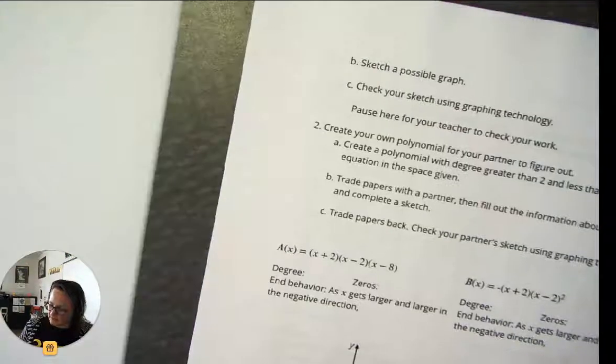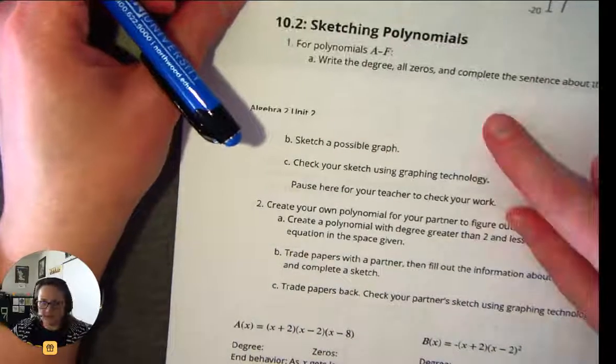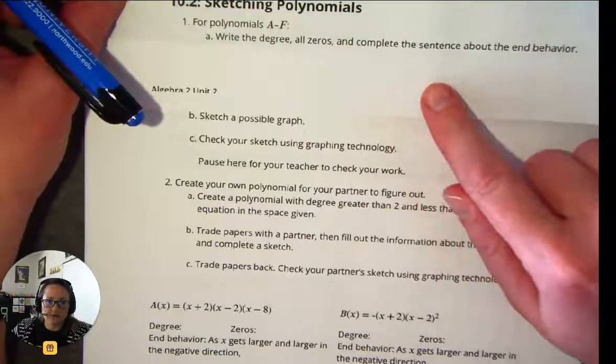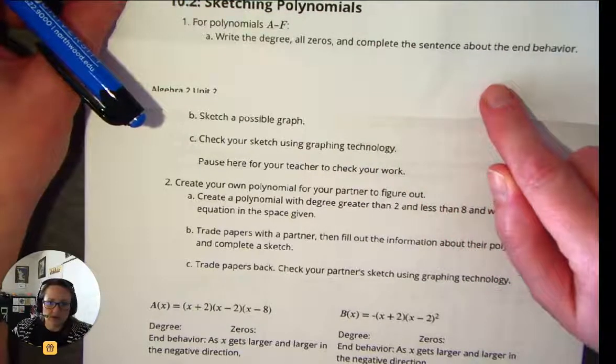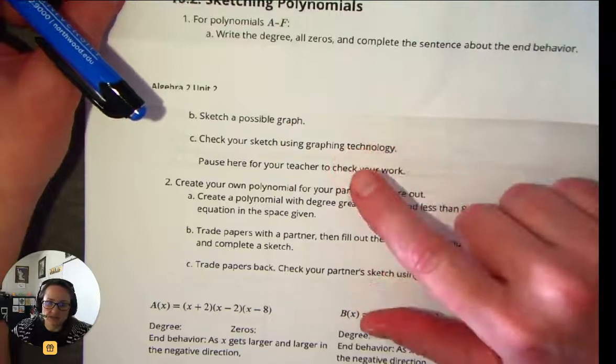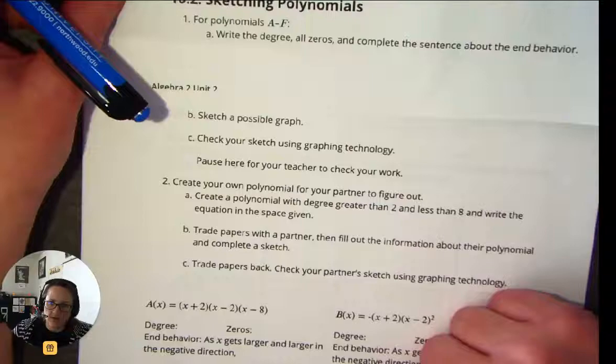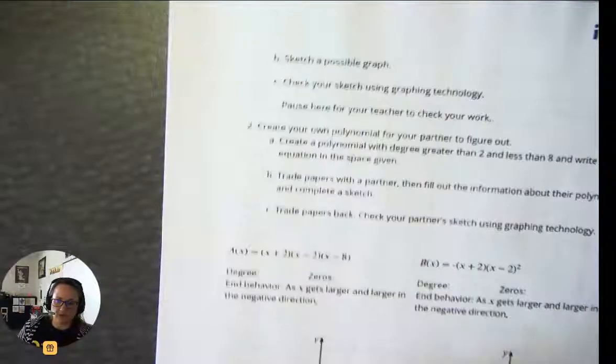When we start looking at these, we have just a lot of practices, and I may not work through every single one of these, but it's going to ask us to sketch polynomials with the degree, the zeros, complete the sentence about the end behavior, sketch a graph, check your graph, pause here to check the work. It's a lot of stuff going on here, but we're going to go step by step like we know how.